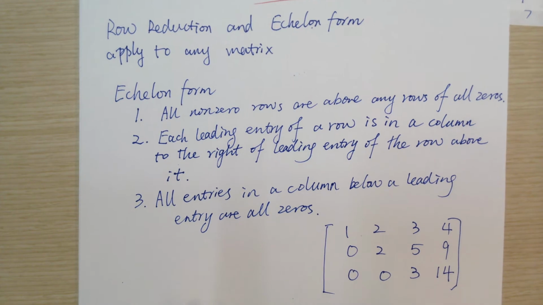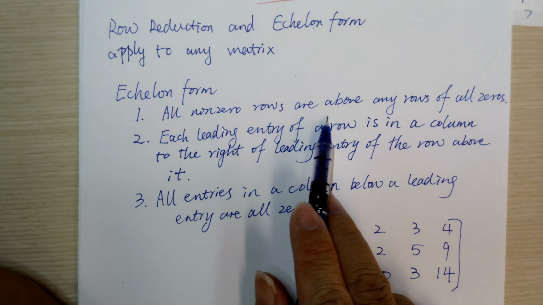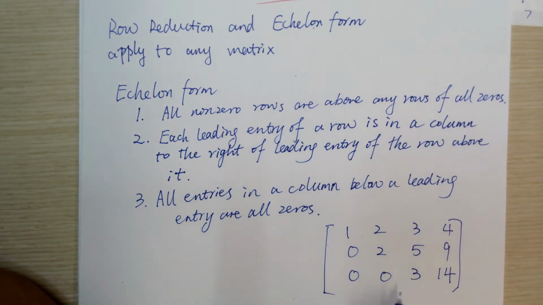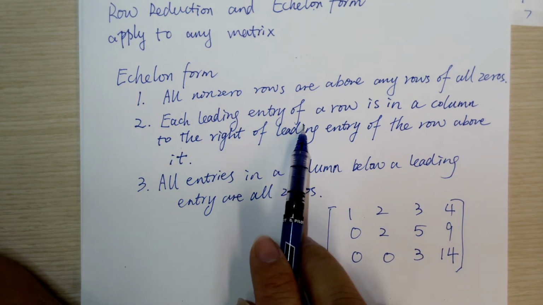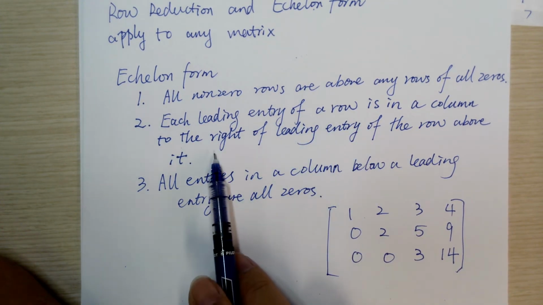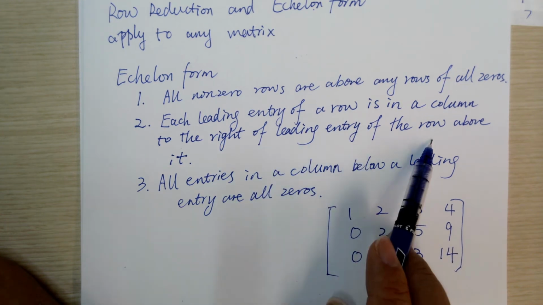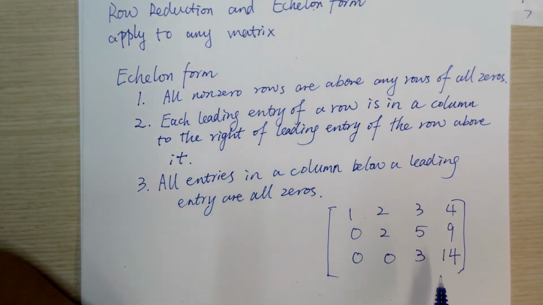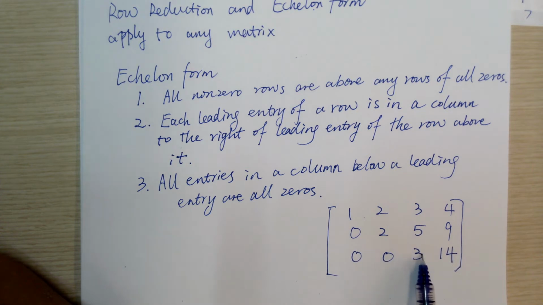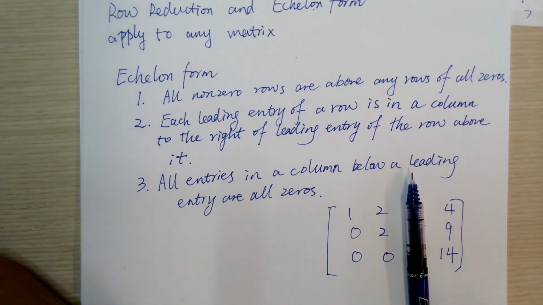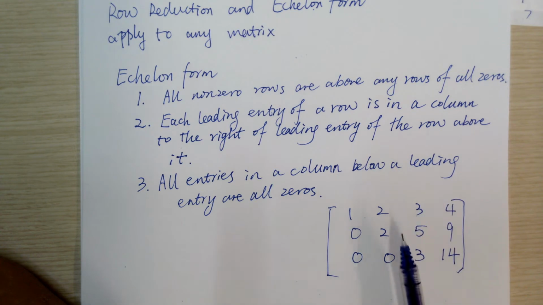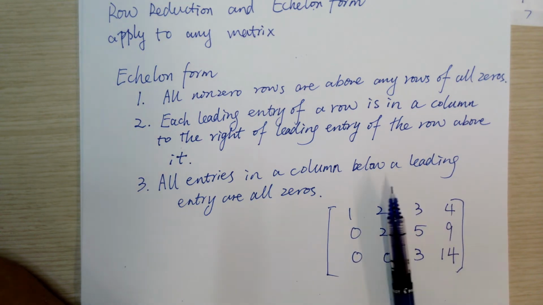This matrix is actually in echelon form. First of all, non-zero rows are above any rows of all zeros; we don't have any rows of all zeros. Second, each leading entry of a row is in a column to the right of the leading entry of the row above it. You can see this is a leading entry because all the previous parts are zero.